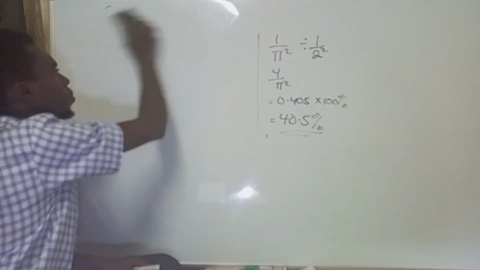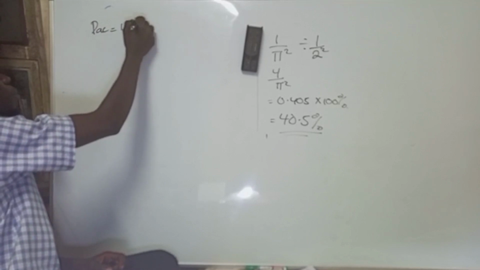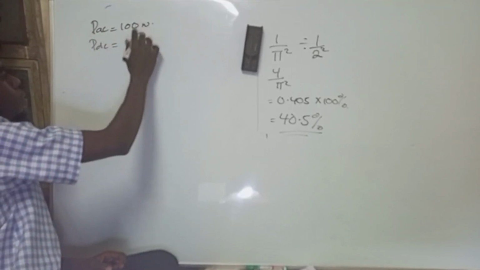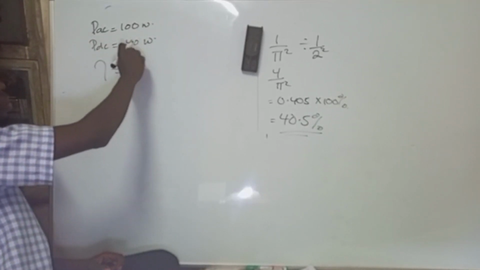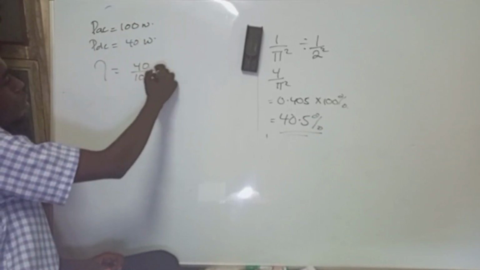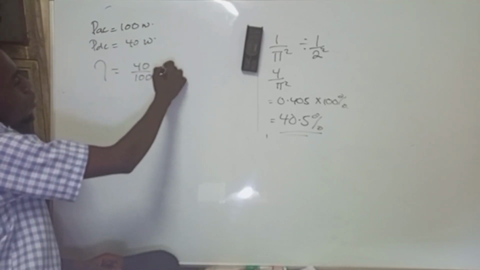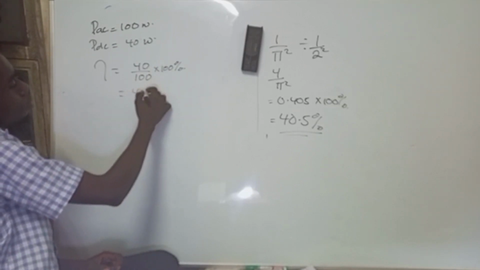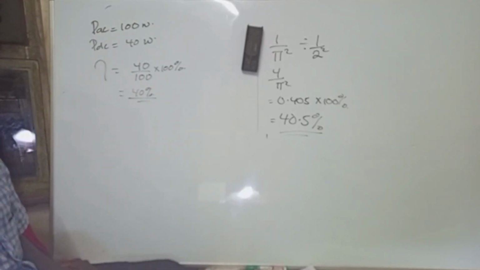Efficiency, we said, is the ratio of DC to AC, which is 40 over 100, multiplied by 100%. So this gives us 40%. The rectification efficiency is 40%.